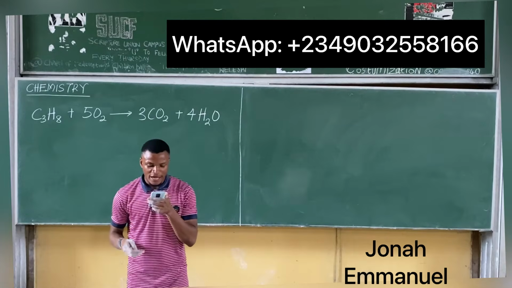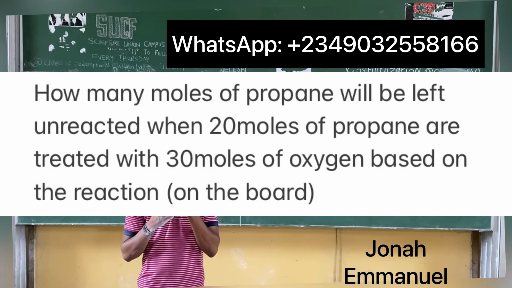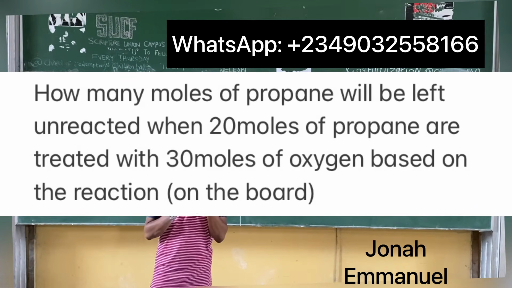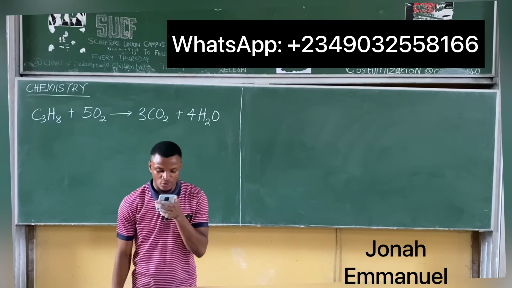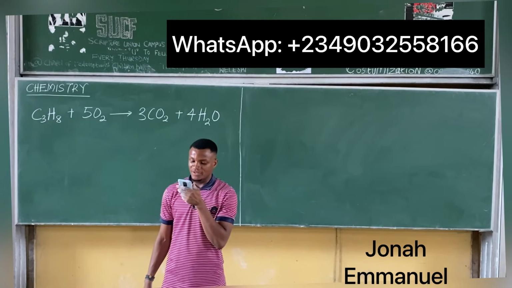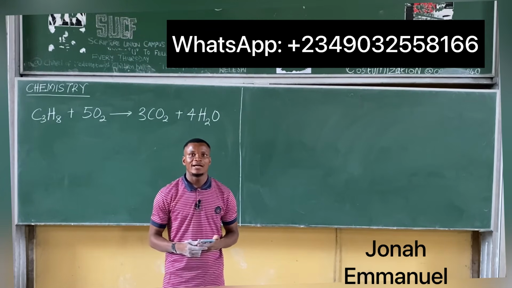How many moles of propane will be left unreacted when 20 moles of propane are treated with 30 moles of oxygen based on the reaction? Options: A, 20 moles; B, 10 moles; C, 14 moles; D, 3 moles. Let's get this done.